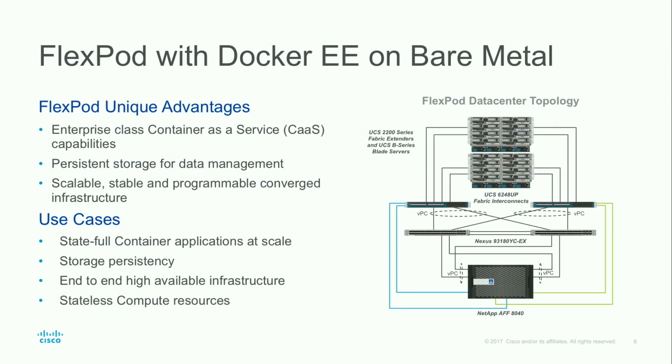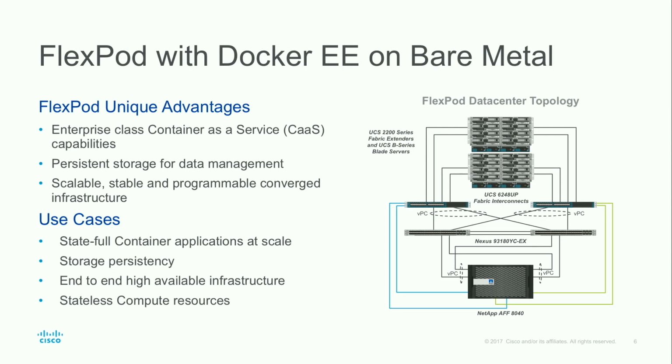Flexpod solution, which gives you stateful container applications, all the volumes are provisioned within the NetApp backend. It could be any NetApp filer, AFF 840 views. It could be ONTAP. And a volume plugin has been used.